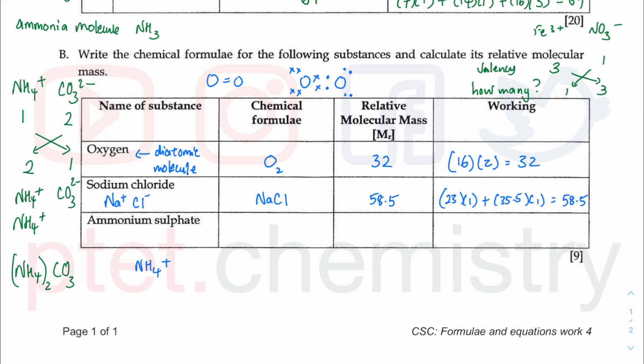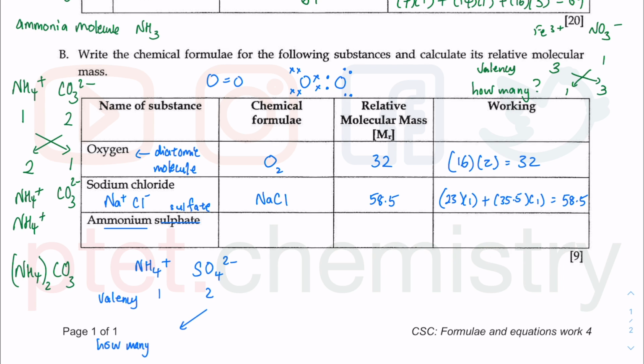Ammonium ion. Ammonium is an ion. Ammonia is NH3, a molecule from covalent bonding. This is an ion. NH4 plus, the sulfate has a new spelling, SULFATE. So what happened is 1 and 2, that is the valency. And then we talk about how many of the ions we want.